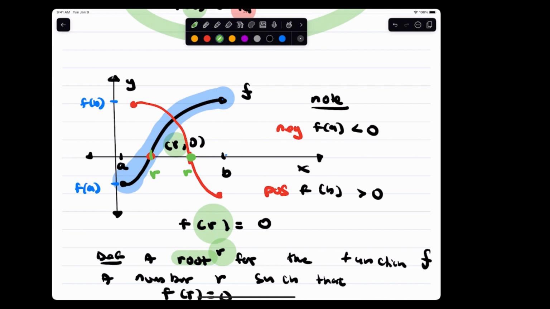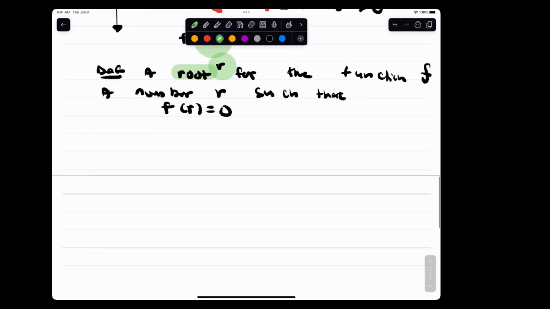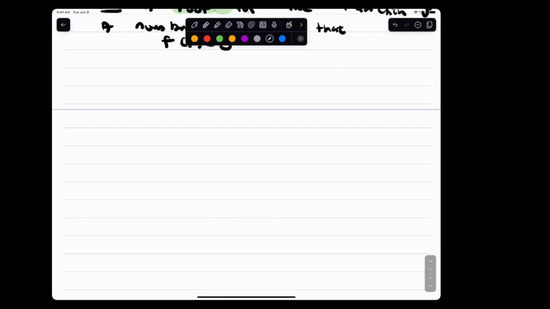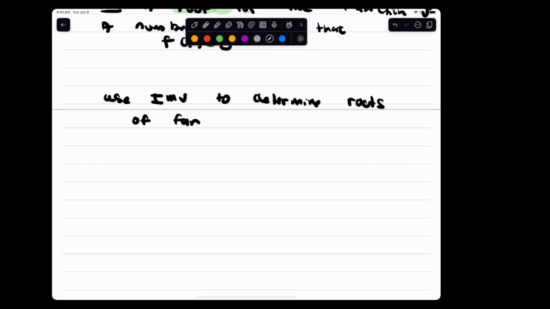That's all. There's going to be a root. So it's a very popular question for finding roots. So we use the intermediate value theorem to determine roots of functions.